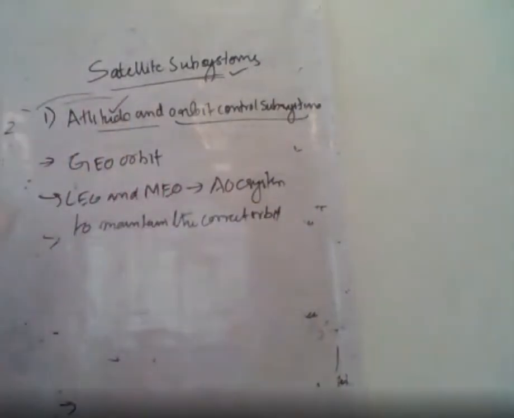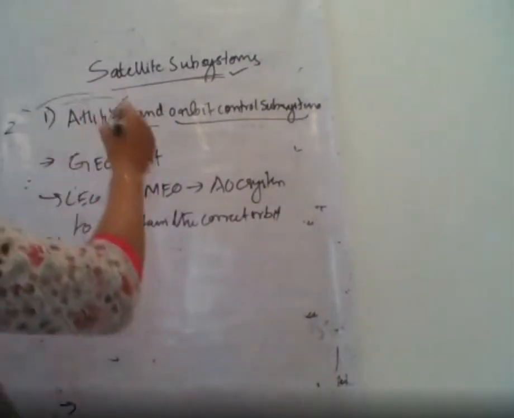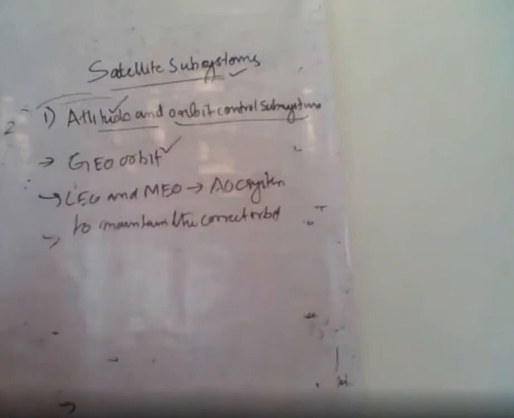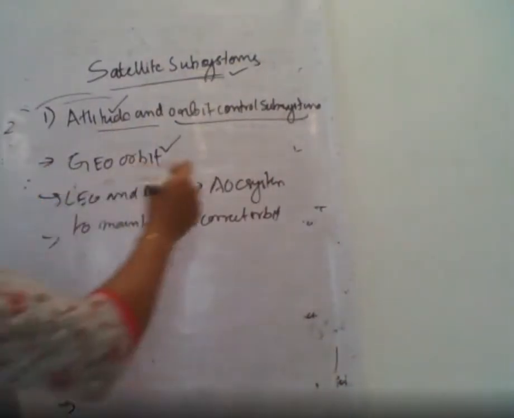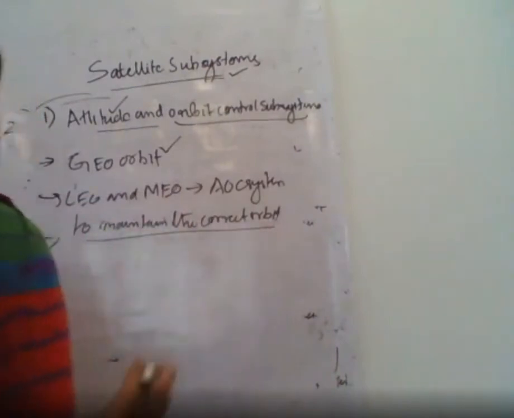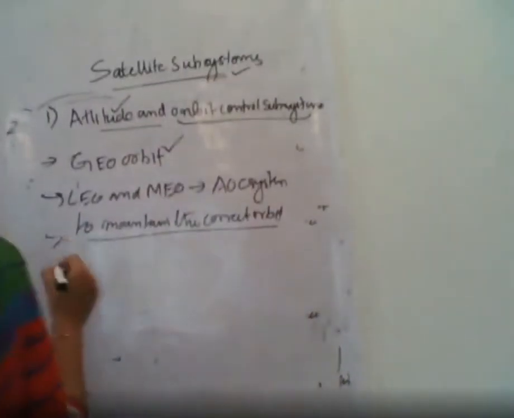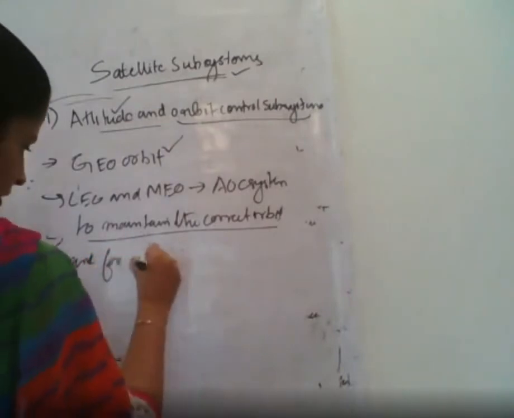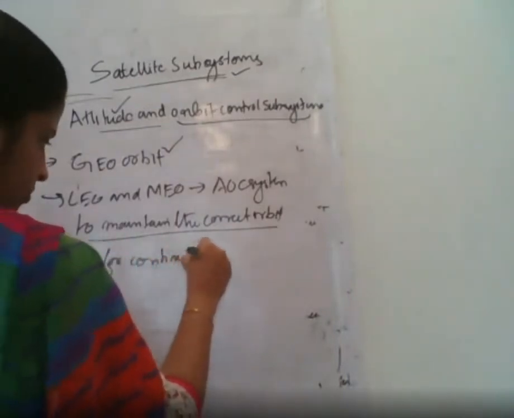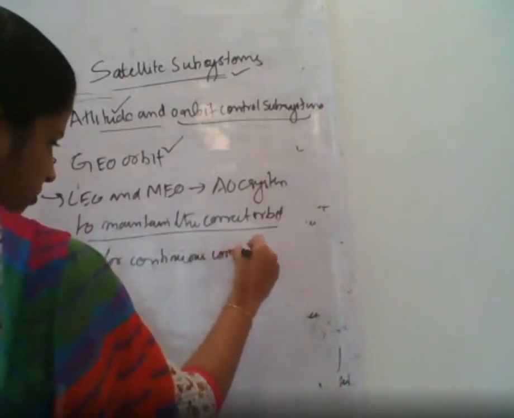We have already said that the AOC system is most important for the GEO orbit, but LEO and MEO also need it to maintain the correct orbit and for continuous communication.